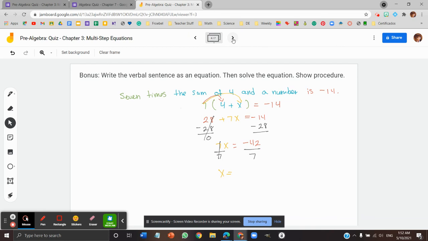And when they're different, my answer is going to be negative. Negative 42 divided by 7 is going to be negative 6. And that will be my answer. And I can also check it wherever I see that x. I can always substitute for negative 6.